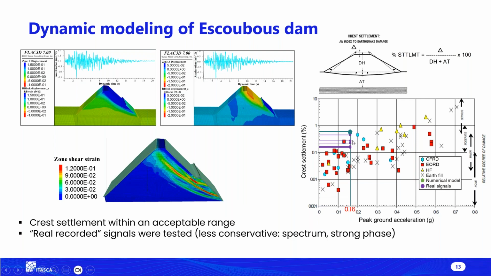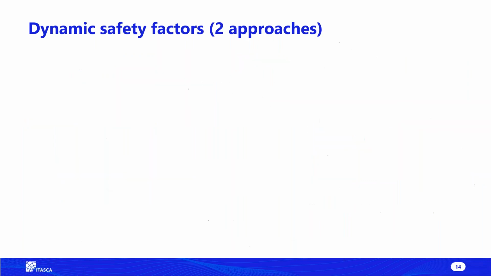So we tried several recorded signals. We have less displacement than the initial numerical model, which was expected since it's less conservative. And with those recorded signals, we have better results and close to the statistical data.